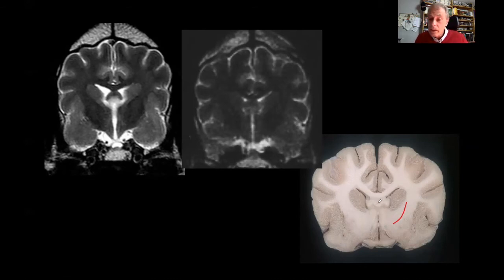So here we have the fornix, the caudate nucleus, and the lateral ventricle. As in this section we are just caudal to the optic chiasm, we have the chiasmatic cistern. This is why we have hyperintense signal of the CSF.